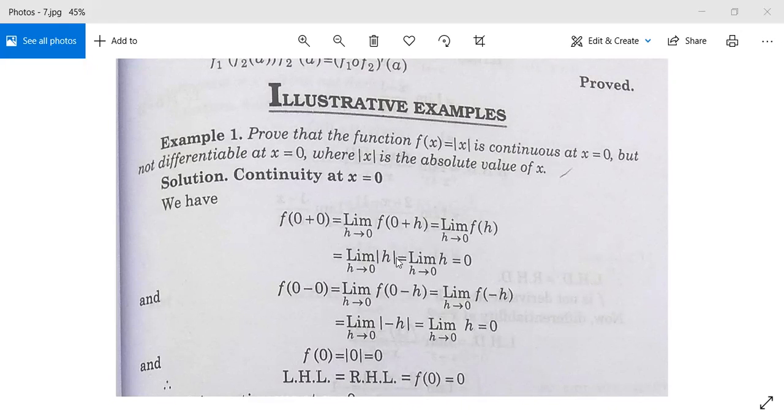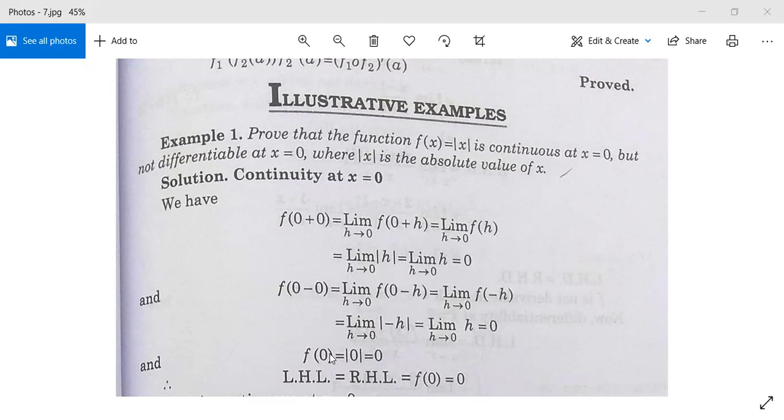Mod h is your h, so it is limit h tends to 0 of h, and it is 0. Similarly, left hand limit f(0-0) is limit of f(0-h), which is limit of modulus of minus h, which is h, and it is equal to 0 when h tends to 0.